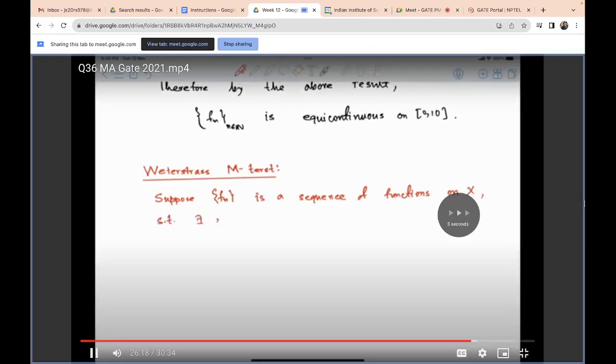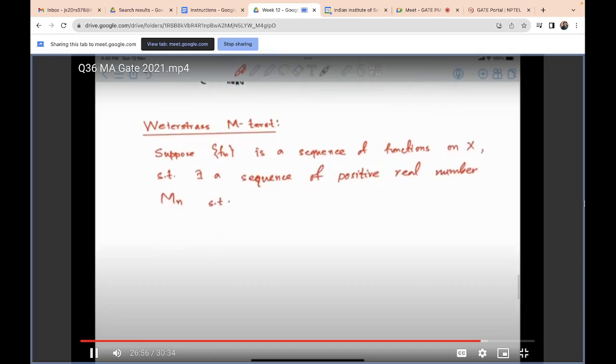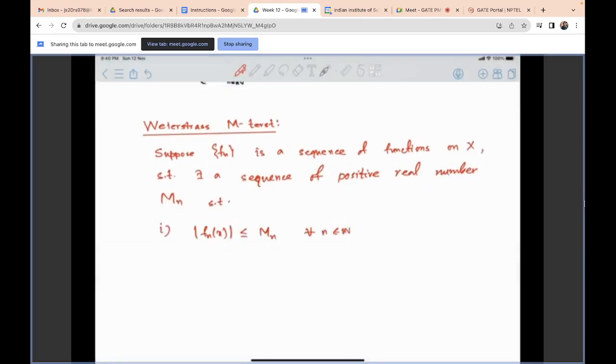Such that there exists a sequence of positive real numbers Mn, such that condition 1: |fn(x)| is less than or equal to Mn for all n belonging to natural numbers and x belonging to X. Condition 2 is saying that the series of Mn should converge.